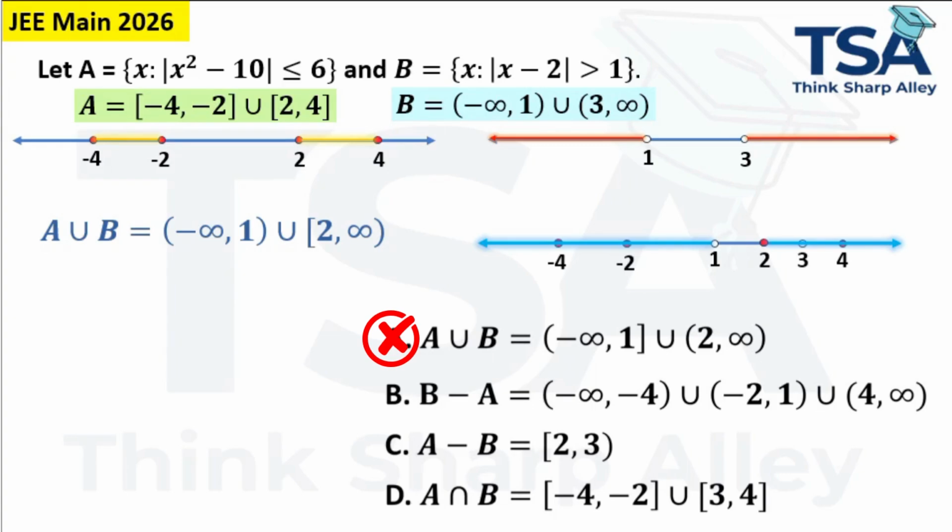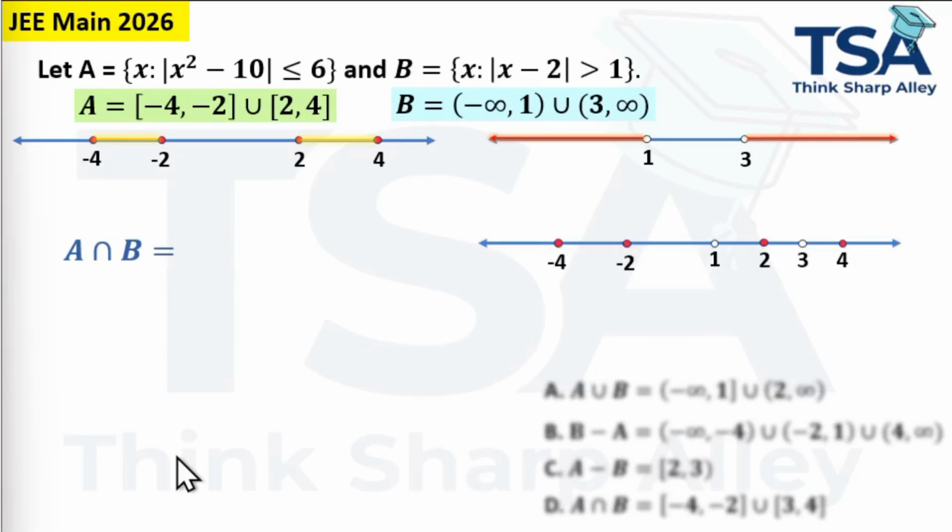Now since option 1 is out, let's look at A intersection B. To tackle A intersection B, we are looking for the regions where both sets overlap on the number line. Now set A has a block from -4 to -2. Since set B covers everything from minus infinity to 1, it completely swallows this negative block, right?